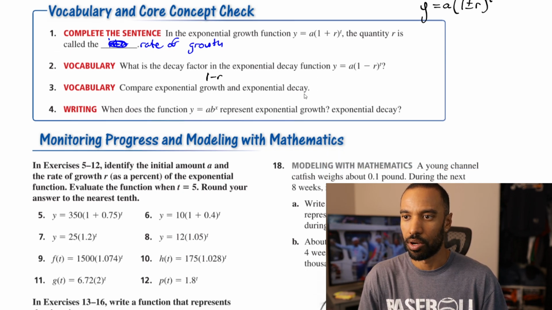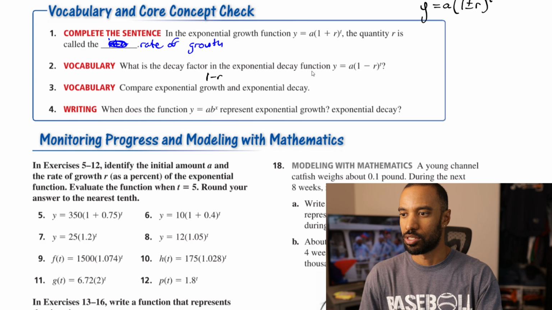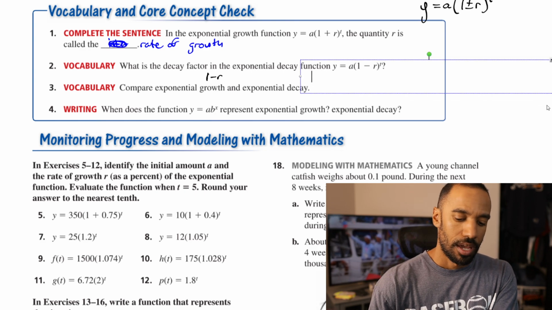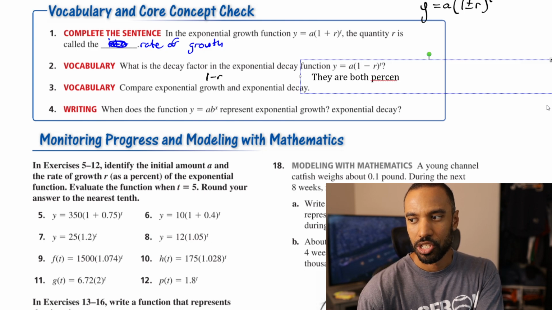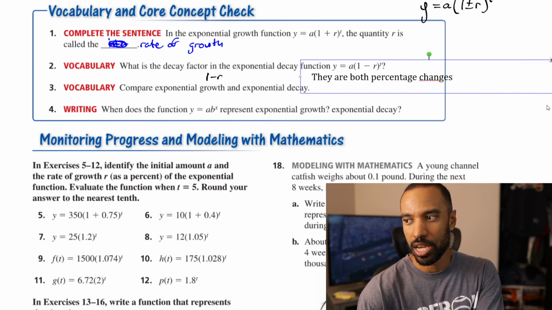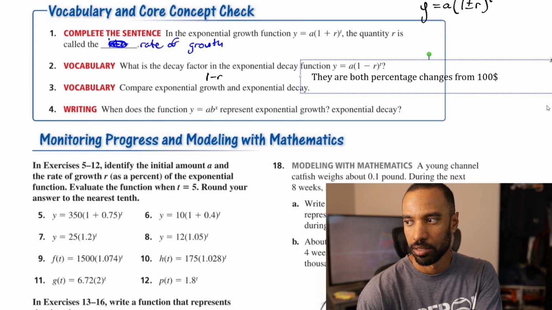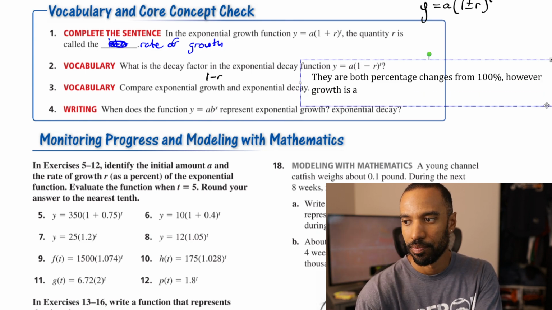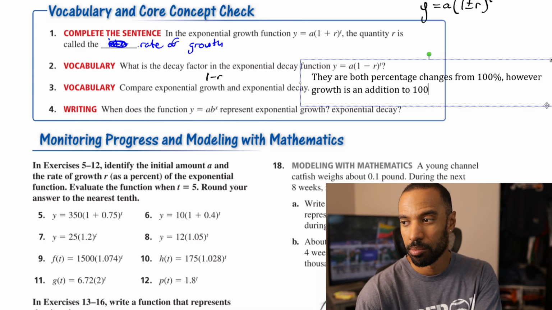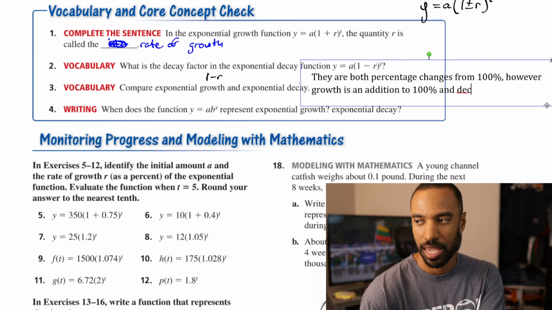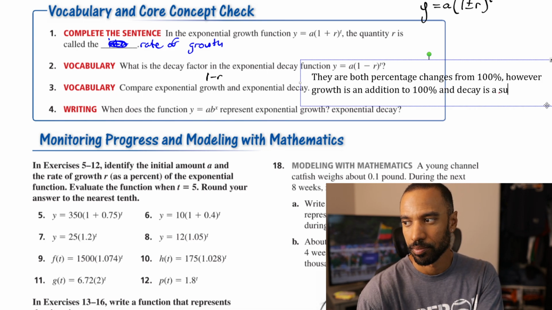Well, exponential growth, let's see. They are both percentage changes from 100%. However, growth is an addition to 100%, and decay is a subtraction from 100%.